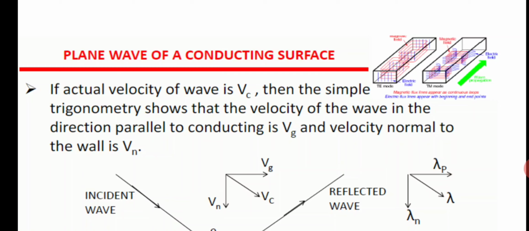Red lines show the magnetic field and blue lines show the electric field. Both are perpendicular. In TM mode, electric and magnetic fields are also perpendicular to each other, but the movement of these waves is different from TE mode.